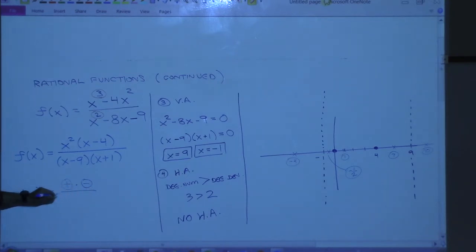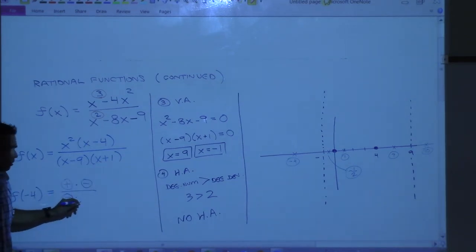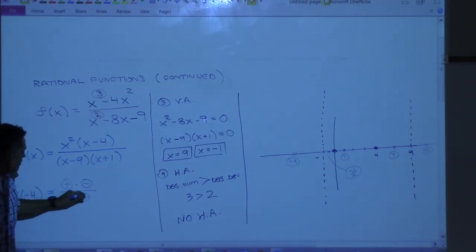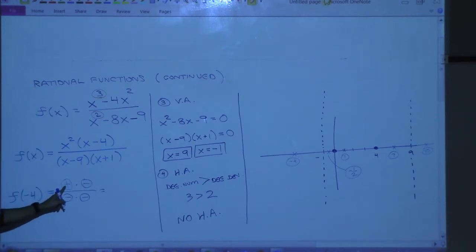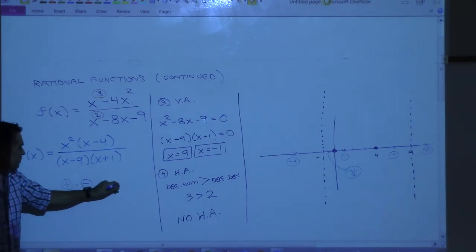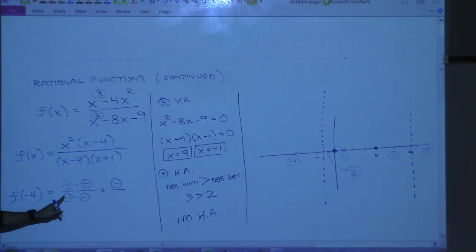And I'm going to divide that by, okay, what's -4 minus 9? Positive or negative? Negative, it's -13. Times, okay, what's -4 plus 1? -3, right? So you get negative there. Okay, on the top, when you multiply a positive times a negative, you get negative. And on the bottom, when you multiply a negative times a negative, you get positive.